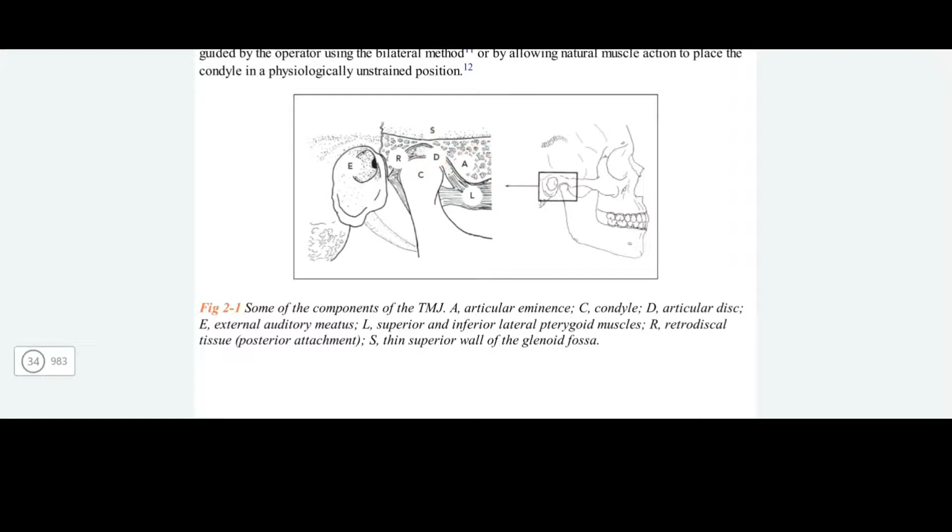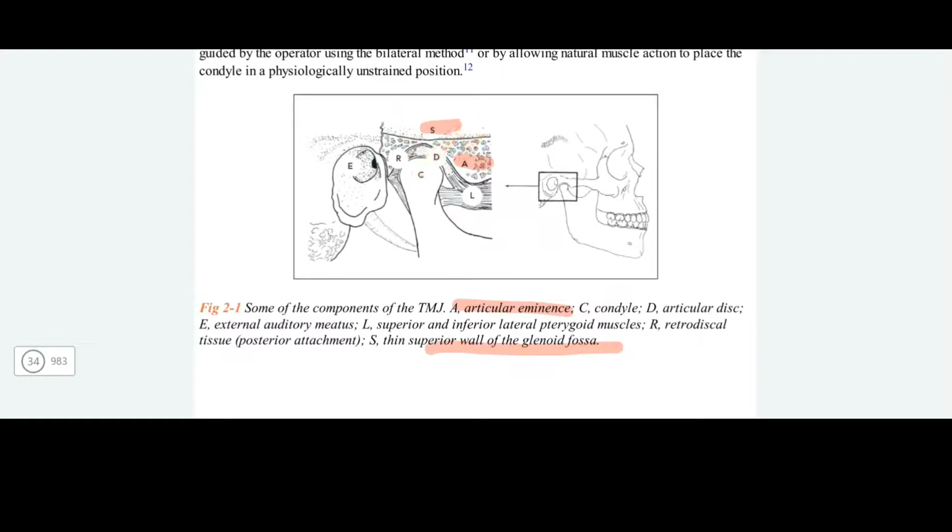With the articular eminence. Where is the articular eminence? This is the articular eminence, A, with the glenoid fossa. Rather than braced, we can use balancing, for example. So the condyle should be anteriorly, superiorly, braced and balanced with the articular eminence and the glenoid fossa.